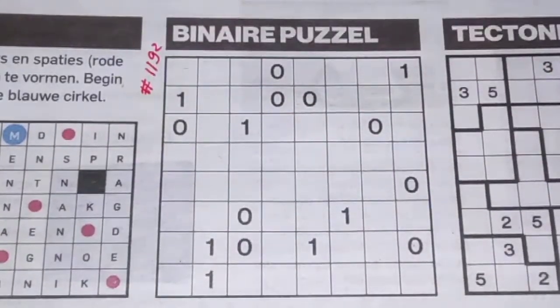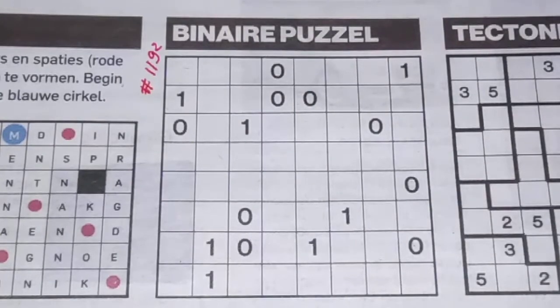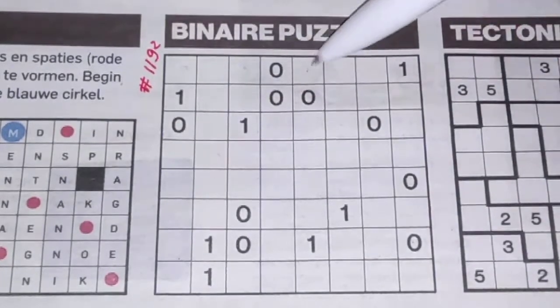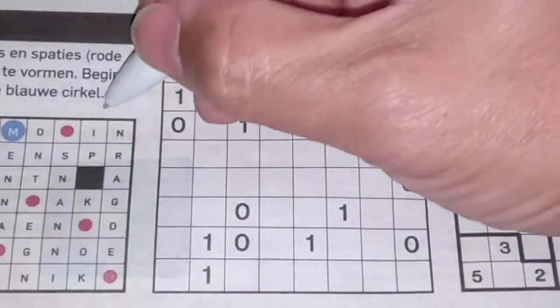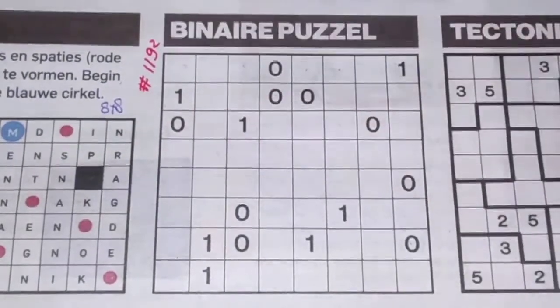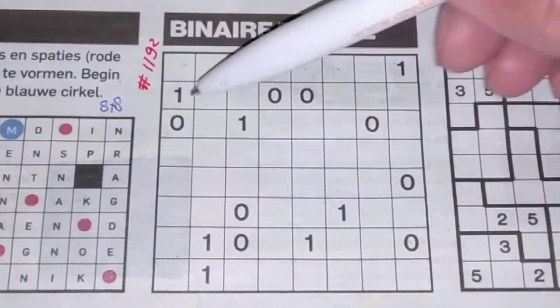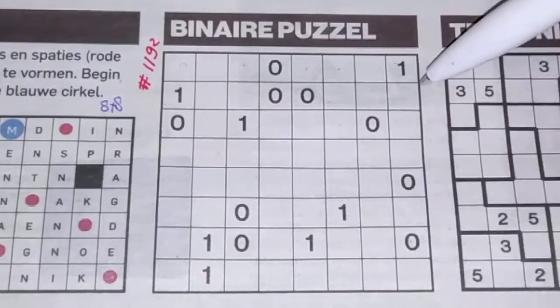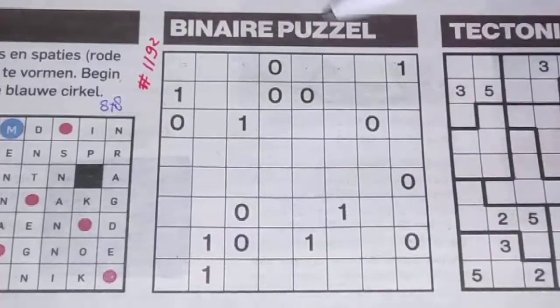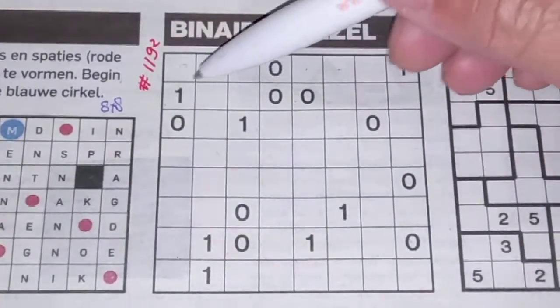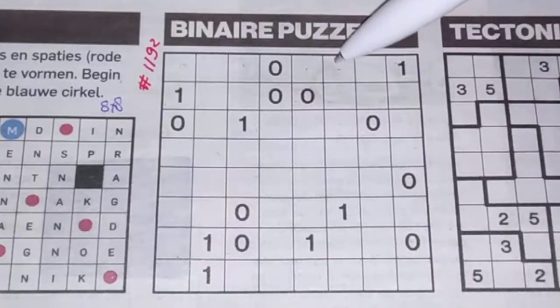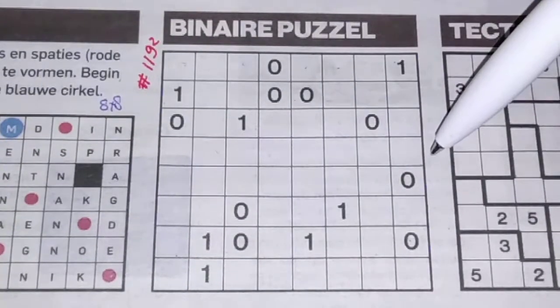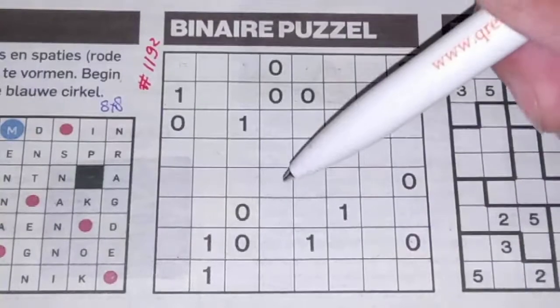And what kind of binary puzzle is this? Let me count. 1 2 3 4 5 6 7 8. It's an 8 by 8 binary puzzle. That means in a row or in a column there are always four ones and four O's. Yes, so let's get started.